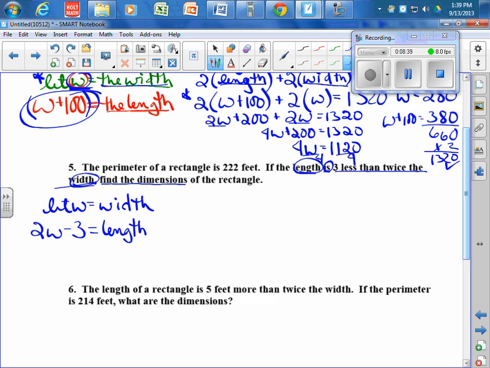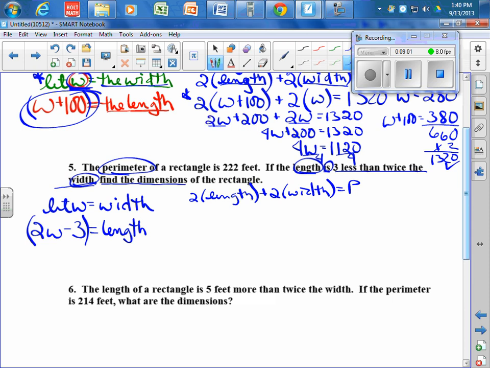Now let's go back and use the same formula that we had for the perimeter of a rectangle. Perimeter of a rectangle: 2 times the length, I would write it out in words for right now, plus 2 times the width equals P. Now look at what I am writing here.